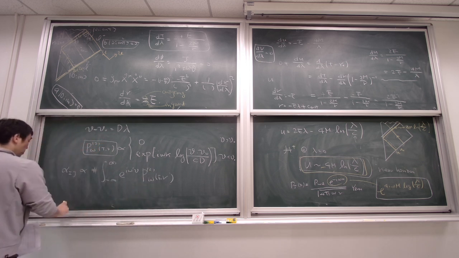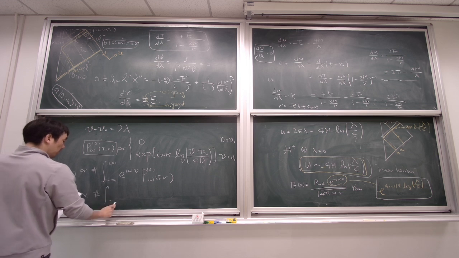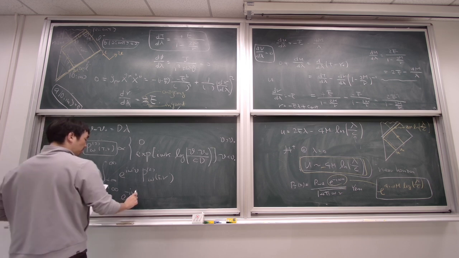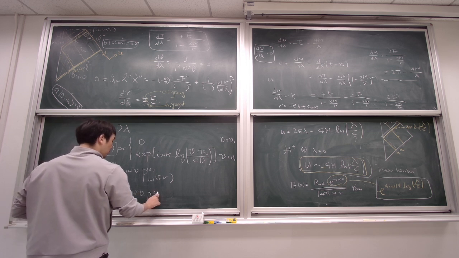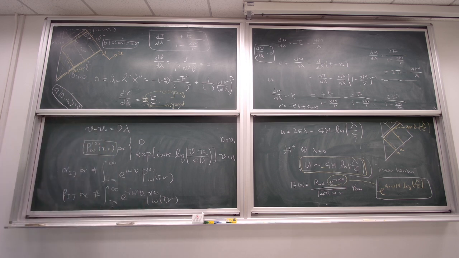Similarly, beta ij is proportional to the integral of e to the minus i omega prime b times P2 omega tr. That's what we want to compute, to get the Hawking radiation.